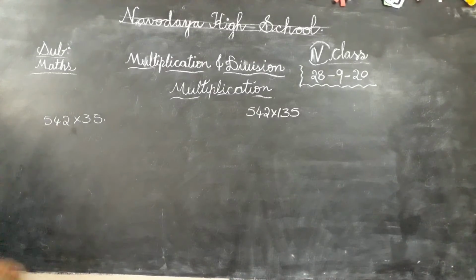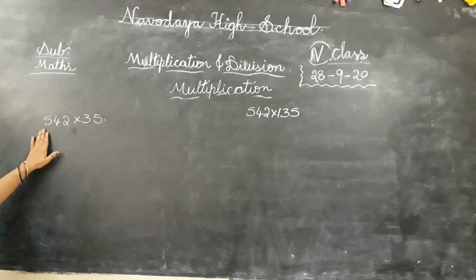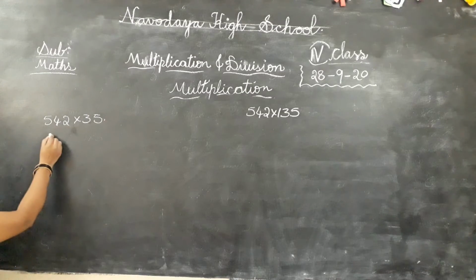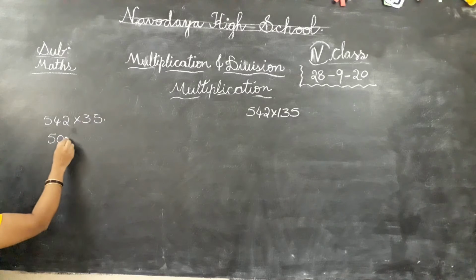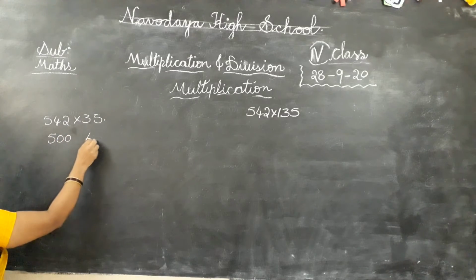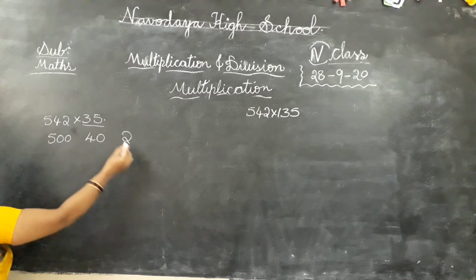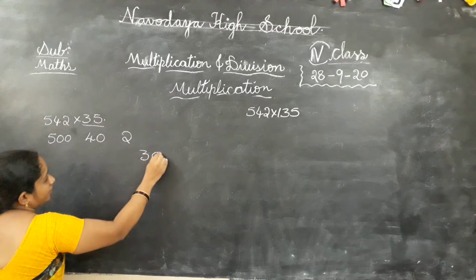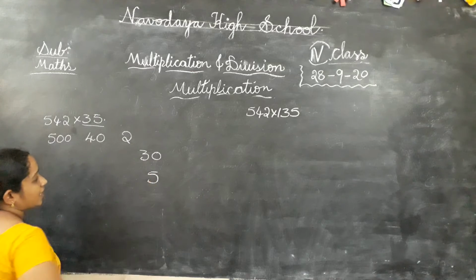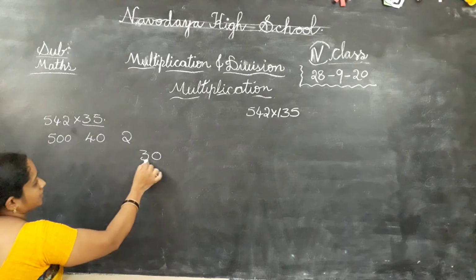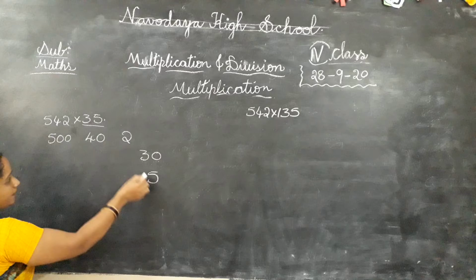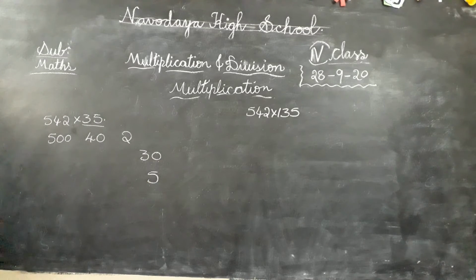Multiplying two numbers by splitting. So first expand this number, 542. Next this number, 35. First multiply with 30 and after that multiply with 5. Okay?